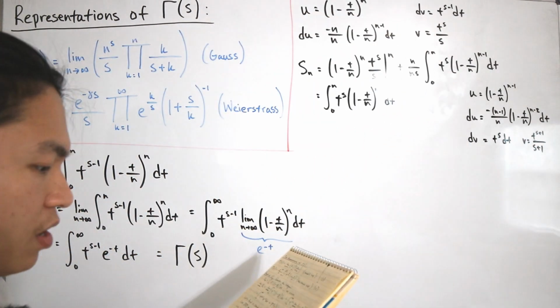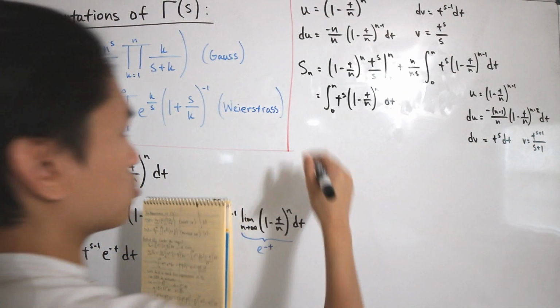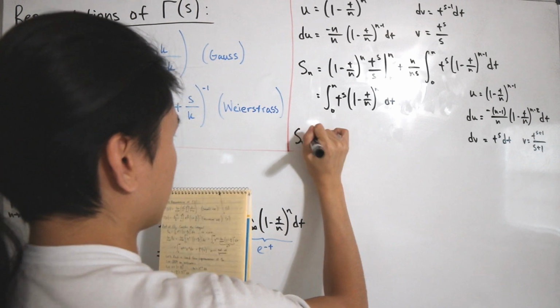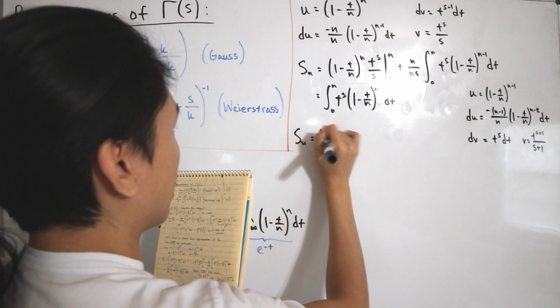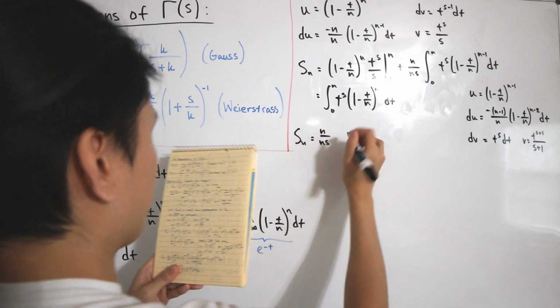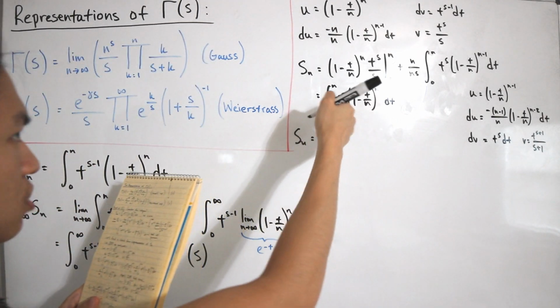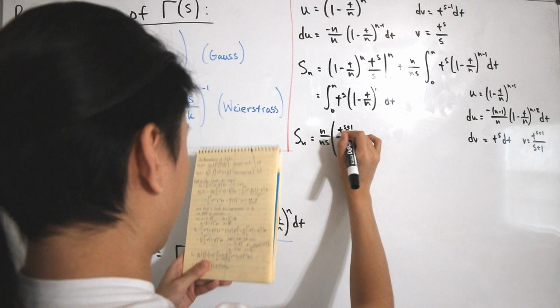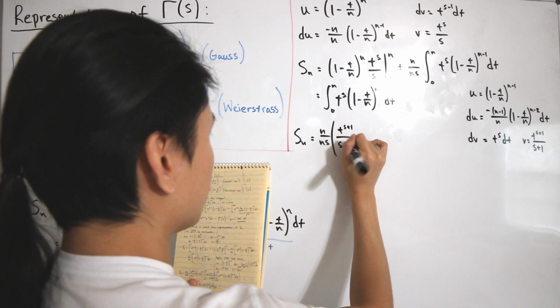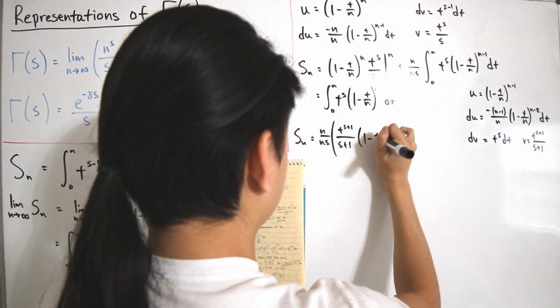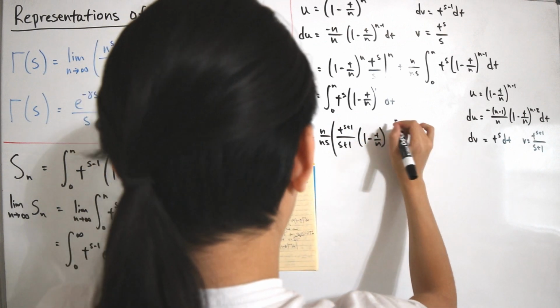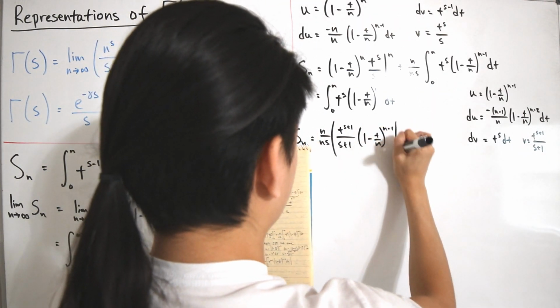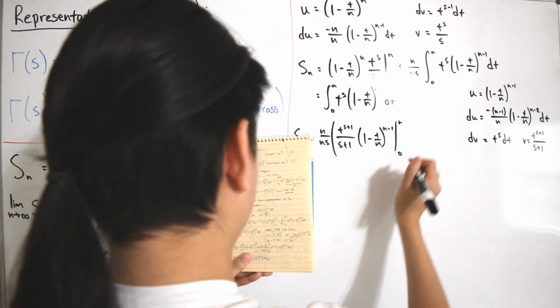Okay, and so from here, let's plug this all back in. So far, our s sub n is going to be n divided by n times s. Then in the parentheses from this integration by parts we have t to the s plus 1 divided by s plus 1, multiplied with 1 minus t divided by n, to the power n minus 1, and then we evaluate this from our bounds 0 to n.